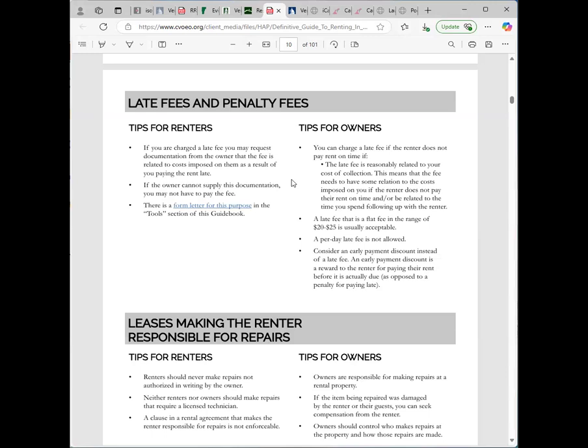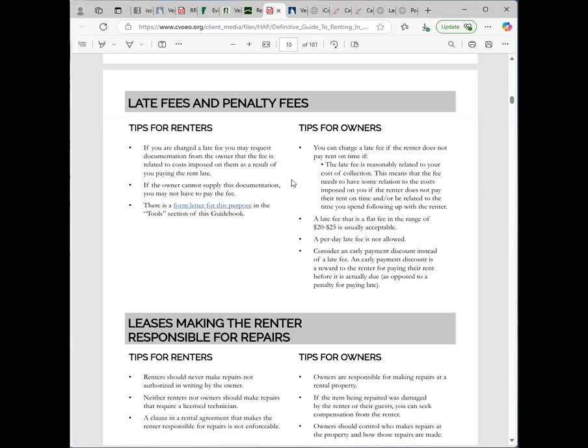A per day late fee is not allowed in Vermont, which is interesting. We have seen other locations where a per day late fee is permitted, but in Vermont it's not. Also, consider an early payment discount instead of a late fee.